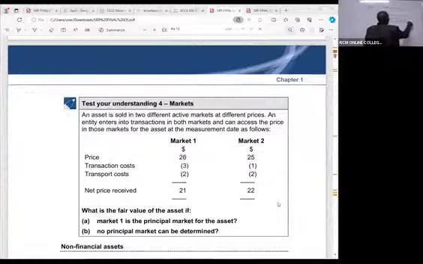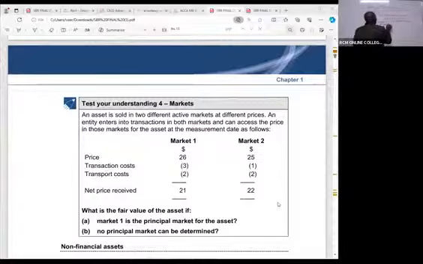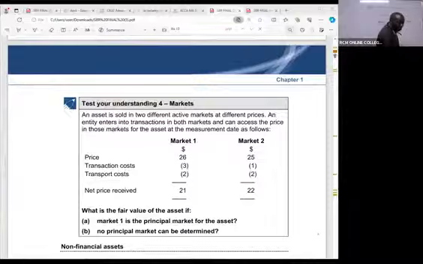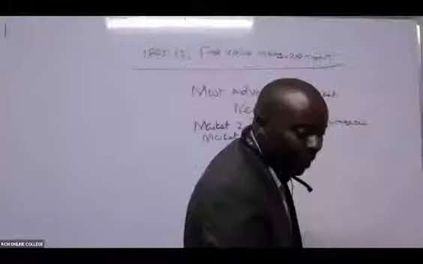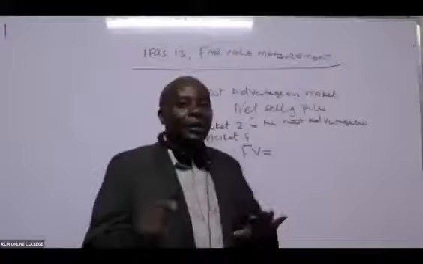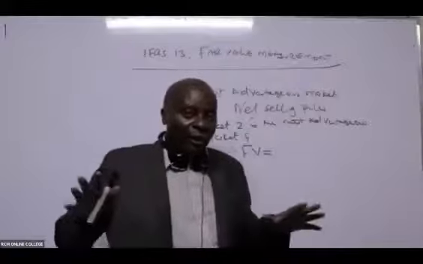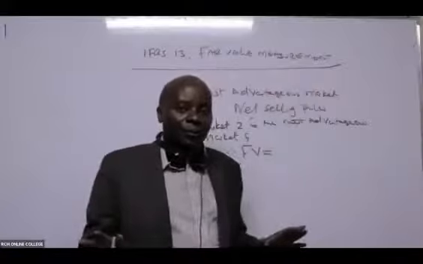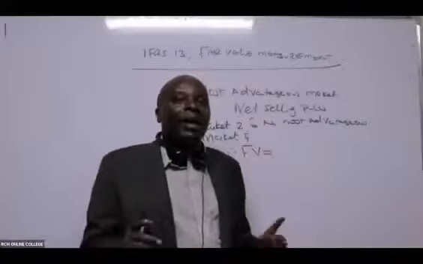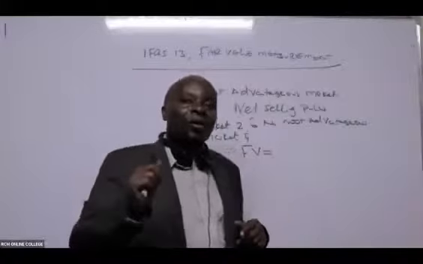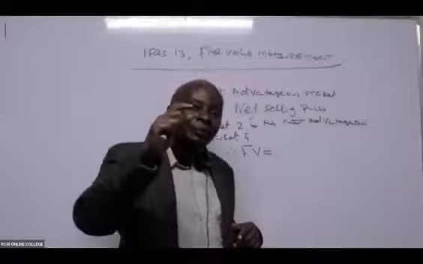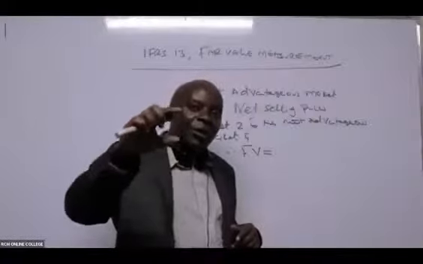And therefore, when it comes to fair valuation, I will always ignore transaction costs now. Remember, when I'm getting the most advantageous market, I have to compare and consider all costs because I'm looking at the net selling price. But now we have come to the bullseye, which is fair valuation.